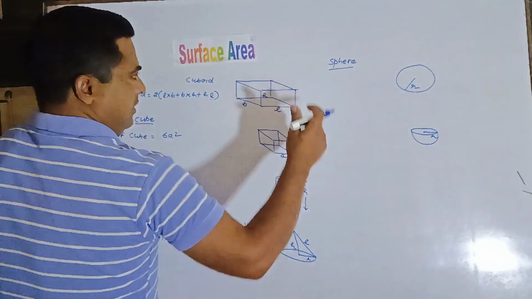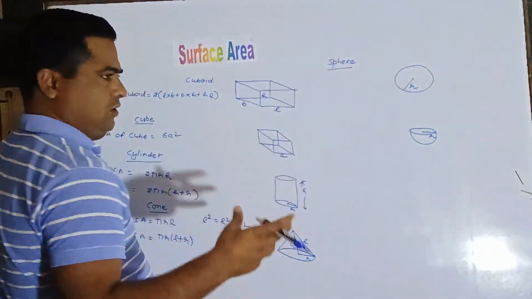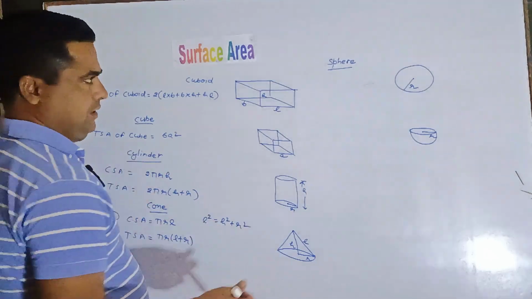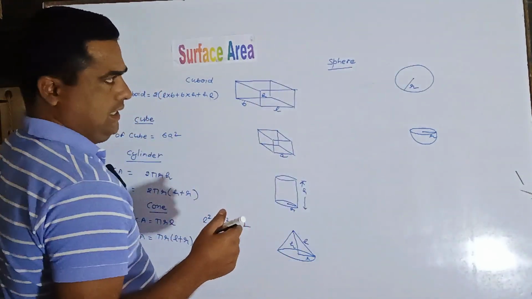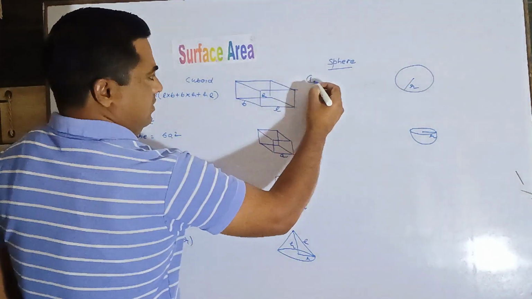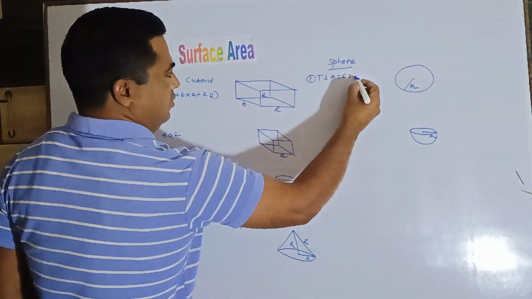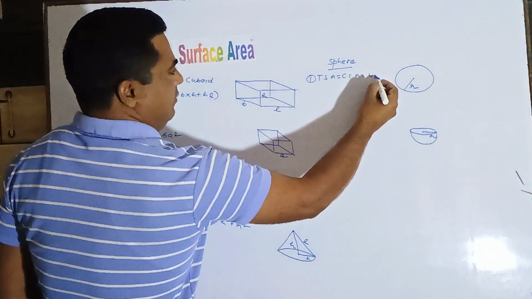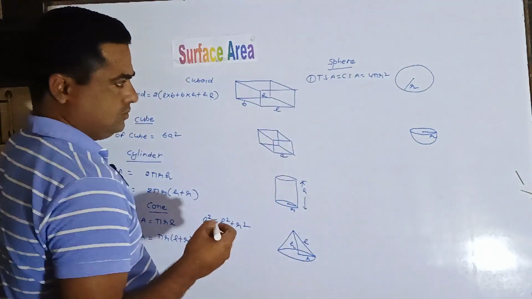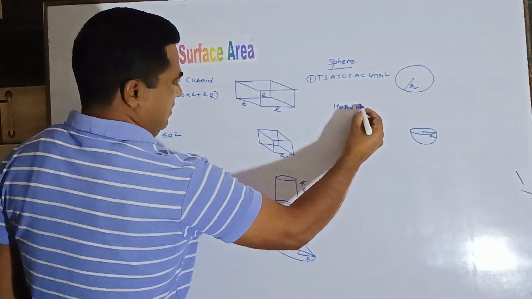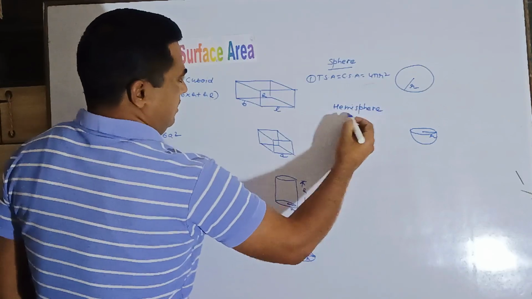Now we are seeing the sphere. Okay, sphere, you have seen a football, basketball and these types of shapes, and the radius is r. So number 1, total surface area and curved surface area are both the same, and this will be 4 pi r square. You can see this is a hemisphere, meaning half a sphere.